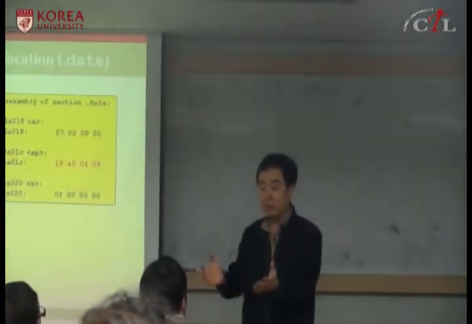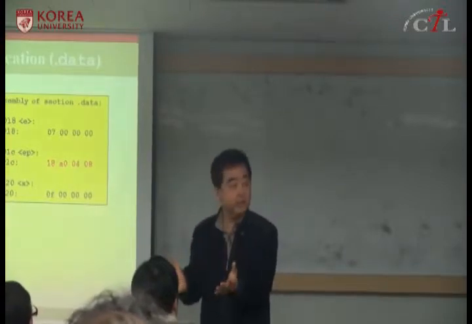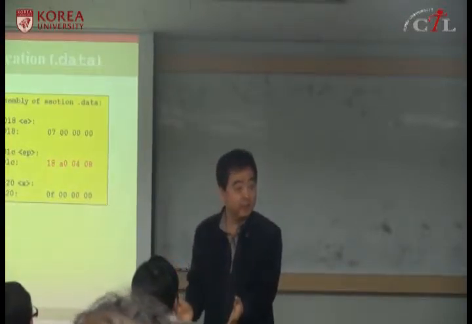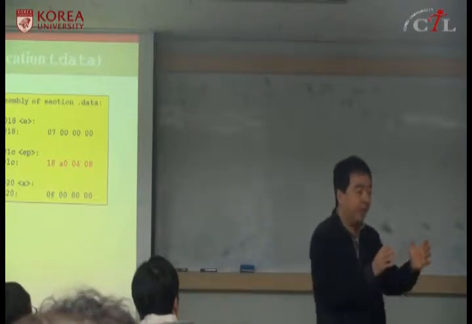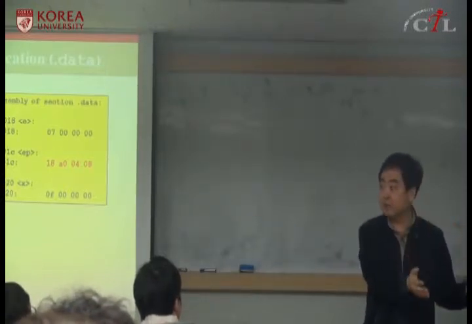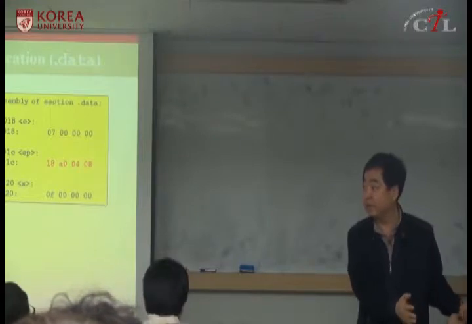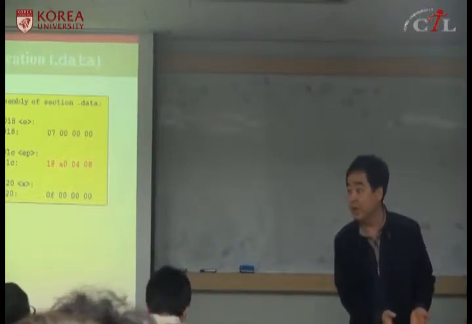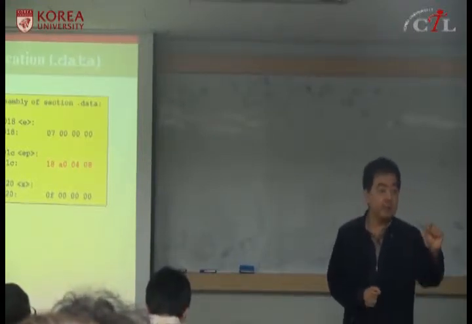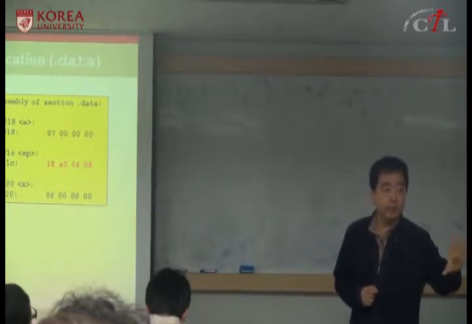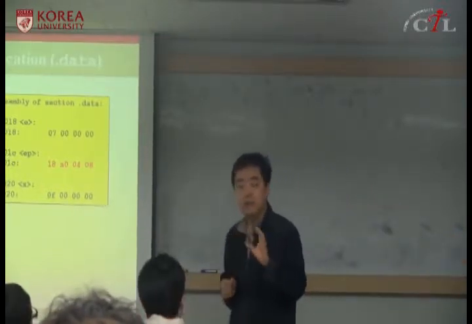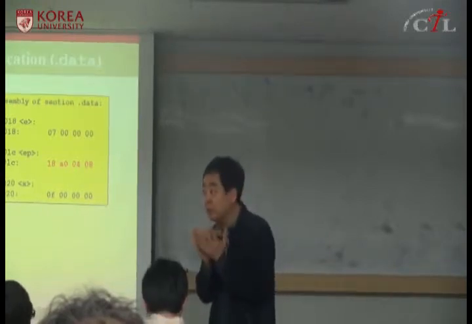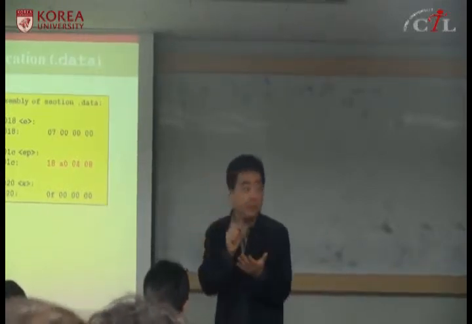In M.O, you have the text section and the data section, and maybe the BSS section. In A.O, there is also a text segment, data segment, and BSS segment. And some of these symbols in the text segment or data segment have some value, the address.